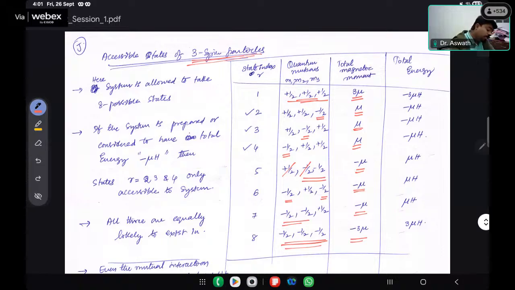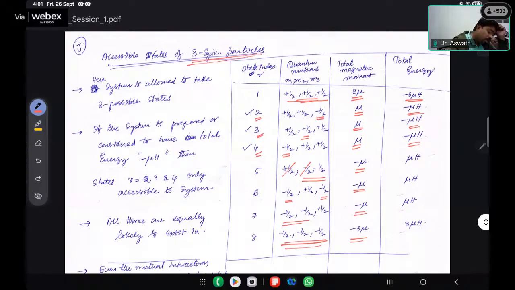Okay, if this three spin particle system is exposed to an external magnetic field, you can calculate the corresponding total energy. Interestingly, let's put an index value for each combination. Let's say R equal to 1, all of them in positive spin, and R equal to 2, 3 and 4 correspond to one of them having a negative spin and the other two a positive spin.